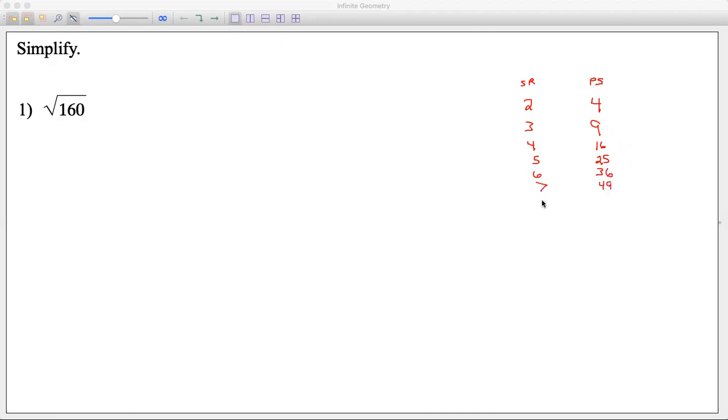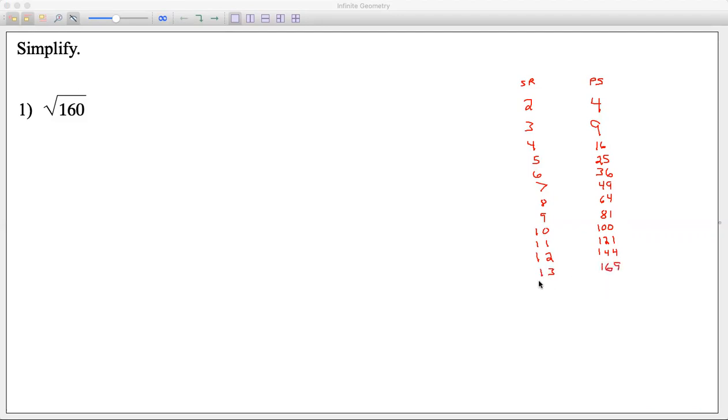And this should already be in your notes. 8 squared, 64. 9 squared, 81. Hopefully you have these memorized. 10 squared, you better have that one memorized, 100. 11 squared, 121. Now you're going to encounter some numbers that are bigger than the first 16, but they will be easier ones. 12 squared is 144. 13 squared, that's your 169.